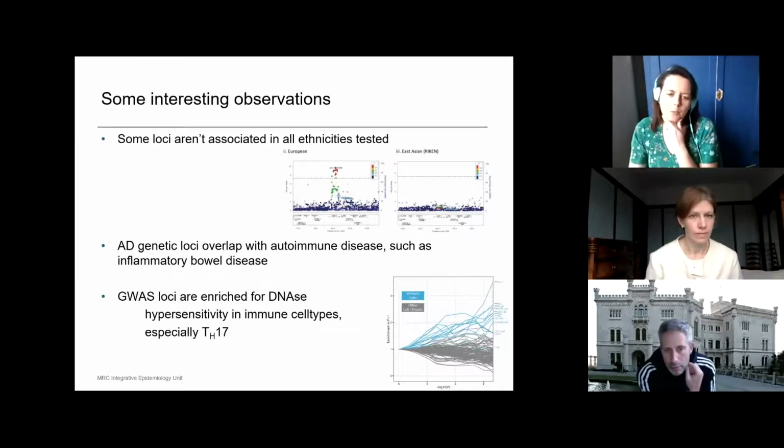And finally, what we found when we did our enrichment analysis. We looked at something called DNase hypersensitivity. This is looking at parts of the DNA that are hypersensitive, which just means that they're open and able to be digested by the enzymes that are used in the test.